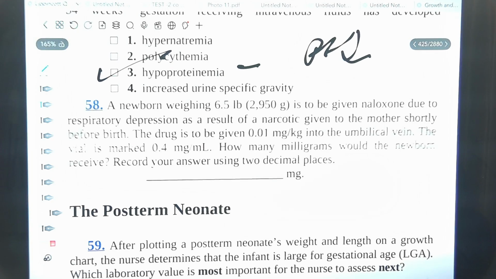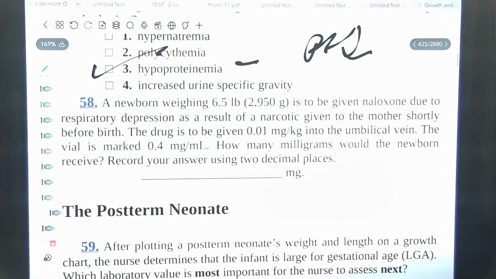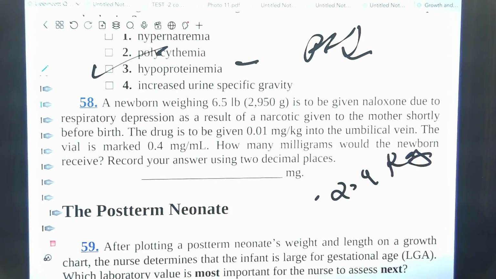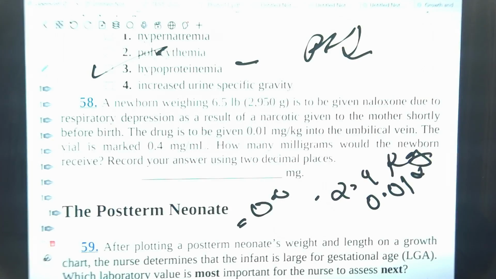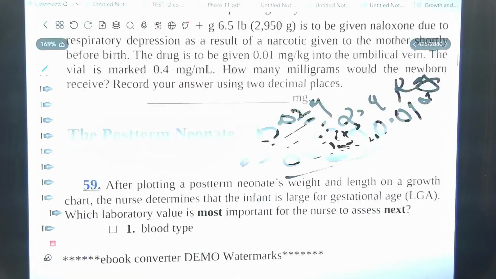So how many milligrams will be received? Calculate the drug. So the weight of the baby is 2.95 kg and the dose given is 0.01. So multiply that. So the answer will be 0.029. So after rounding off, what will come? 0.03 mg will be the correct response.